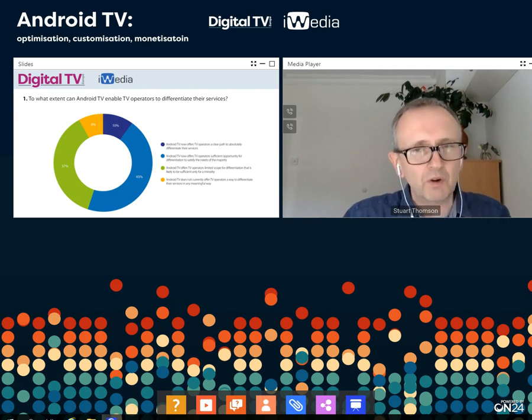That still leaves a minority of respondents who are yet to be convinced, and you can see those in the green and orange parts of the pie chart, with varying degrees of skepticism about it. But the key takeaway really is that for a majority of respondents, Android TV does offer operators sufficient scope for differentiation to satisfy the majority of needs.